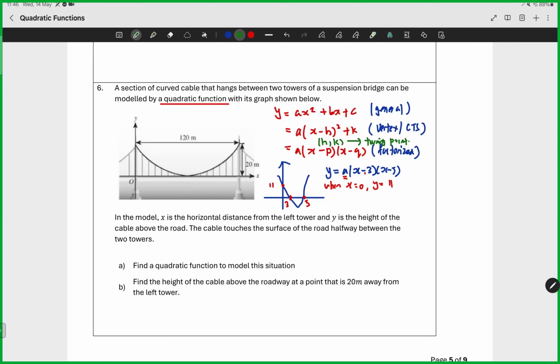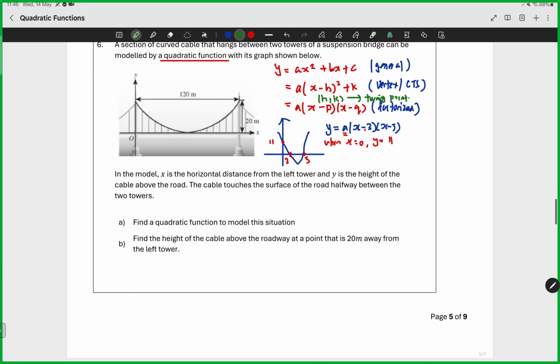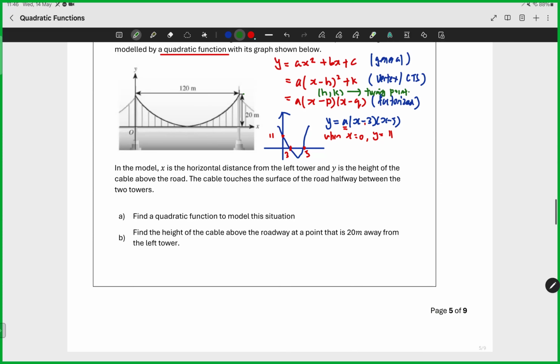Okay, so now this question is sort of a reverse kind of question, whereby the graph down here gives us this as the y-axis and this as the x-axis. Now in the model, x is the horizontal distance from the left tower, and y is the height of the cable above the road. So this is the cable.